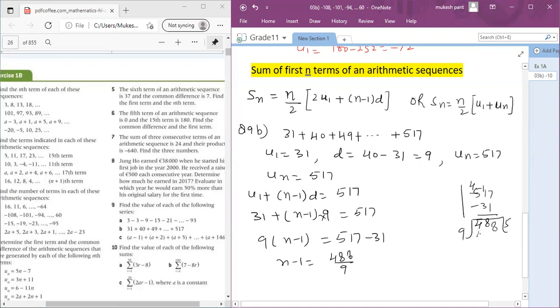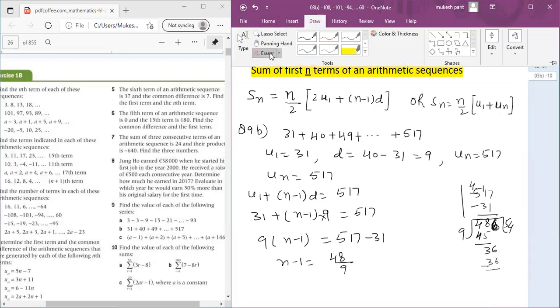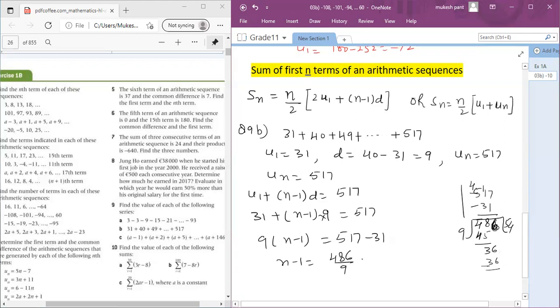That becomes 54. So n equals 54 plus 1, which is 55, and we are getting 55.